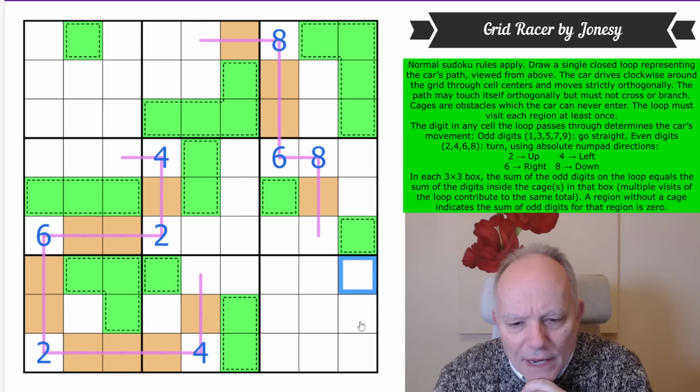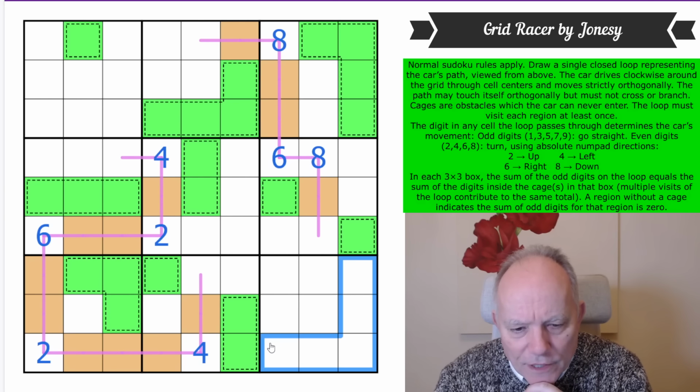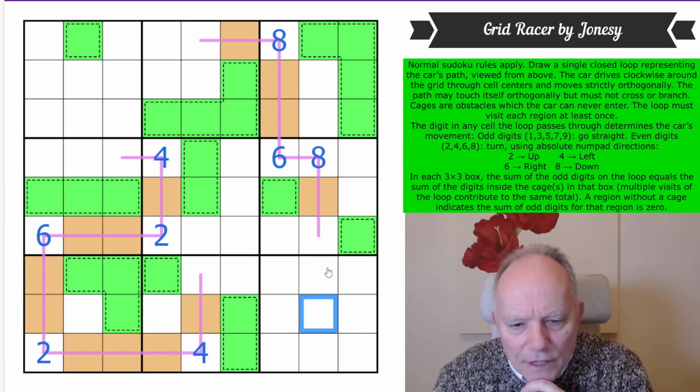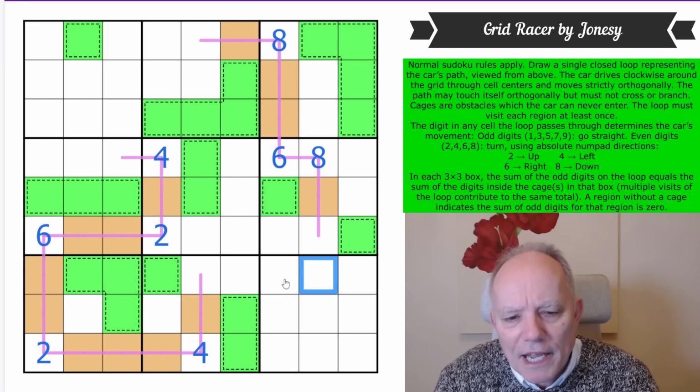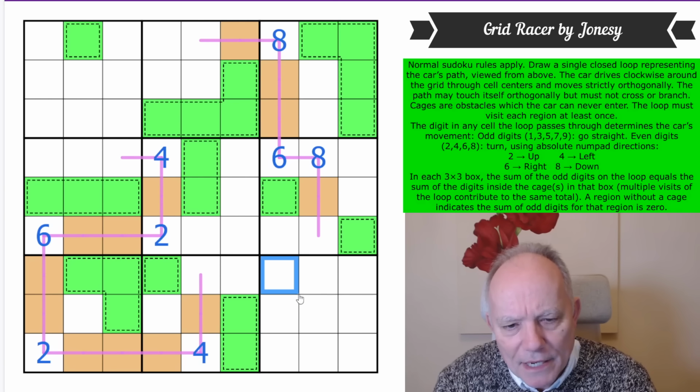So I don't think we can come out here at all. I mean, obviously you could put that odd digit somewhere else, but we must come into this box, but only make turns.